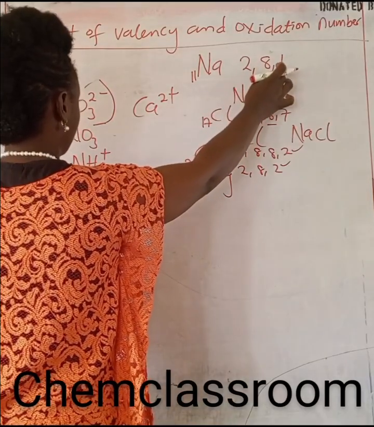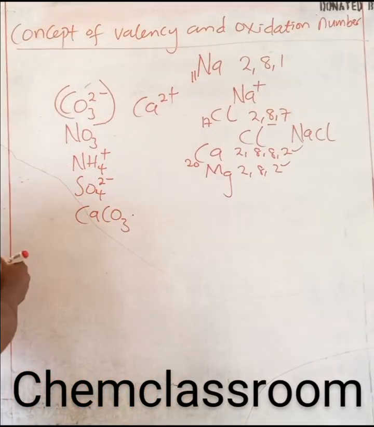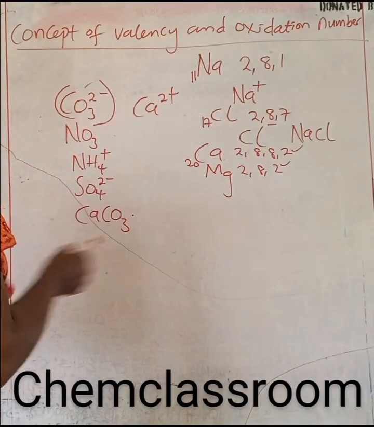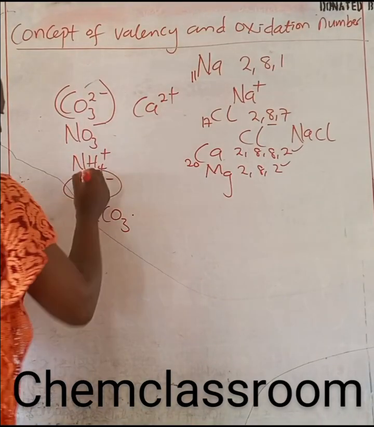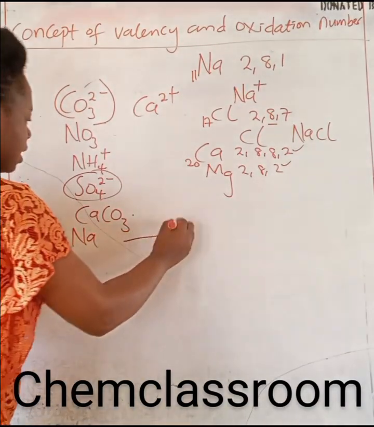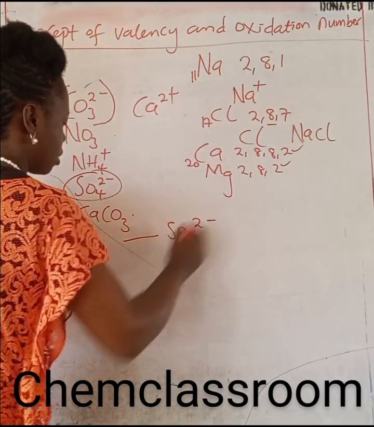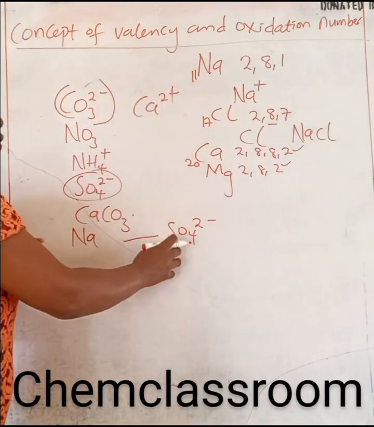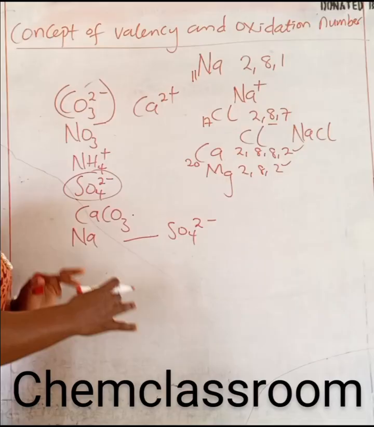Sodium has just 1 electron to give out, so they will still balance, NaNO3. Let us use another, sodium and SO4 2 minus. Sodium is willing to give out only 1 electron, and SO4 2 minus is willing to collect 2 electrons.